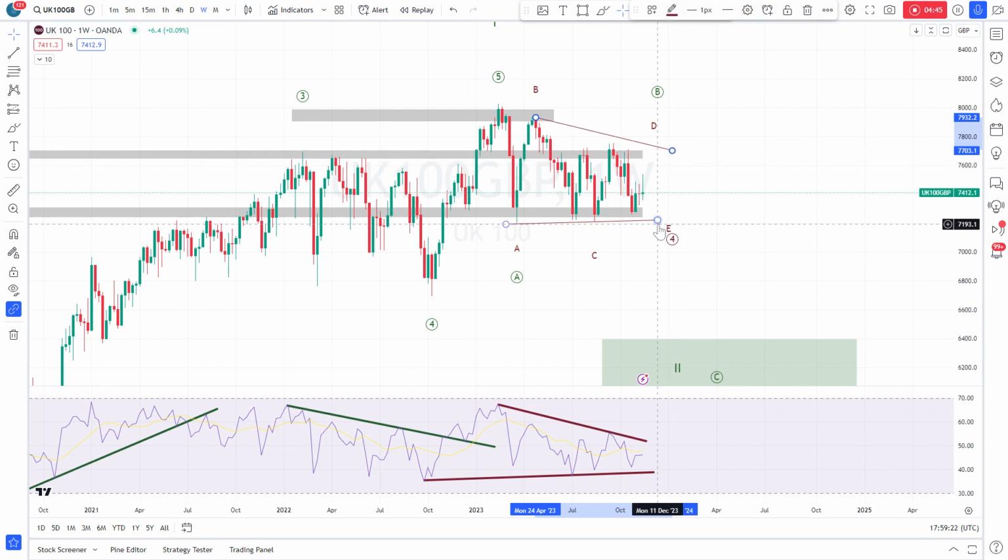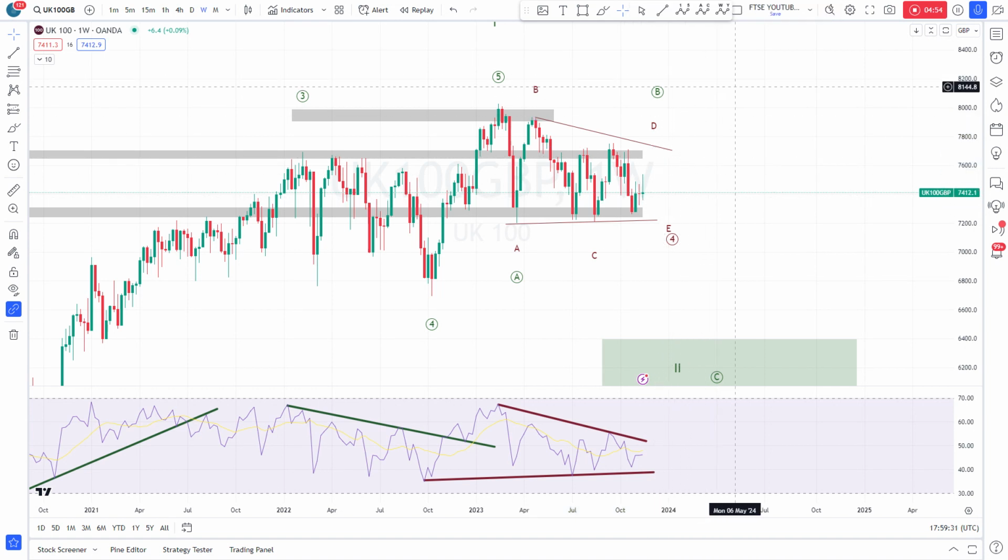This can still play out, that this here is the wave D, and then down again as a wave E, and then from here we launch. Okay, so in the higher time frame, two equally valid scenarios in my opinion, and this because of the very corrective price action we are seeing right here.